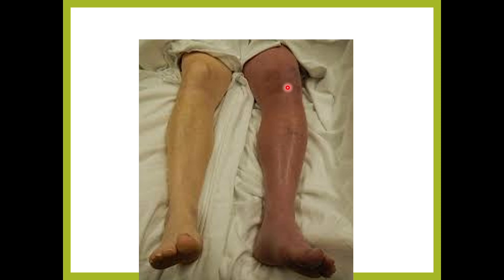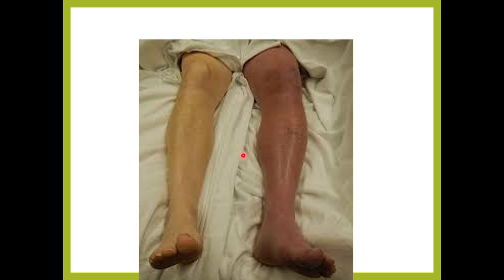We take the tibial tuberosity as a landmark. We measure 10 cm below the tibial tuberosity, and we measure the circumference here, and we compare with the same point, also 10 cm from the tibial tuberosity. We compare the two legs. A difference of more than 3 cm indicates unilateral leg swelling, indicating deep vein thrombosis.